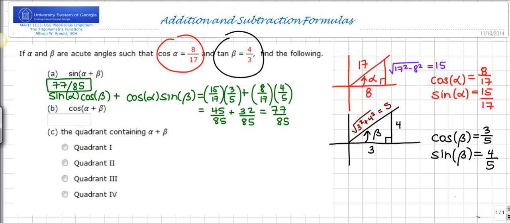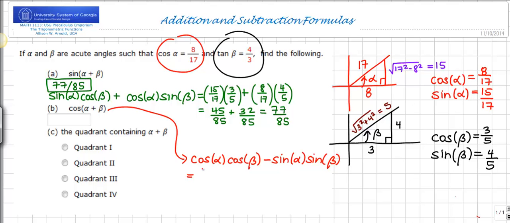Okay, now in a similar manner, let's use the cosine formula. I'll put it down here, which is cosine alpha, cosine beta, change the middle, sine alpha, sine beta, and filling in our values, 8/17 for cosine alpha, 3/5 for cosine of beta, minus 15/17 for sine of alpha times 4/5 for sine of beta.